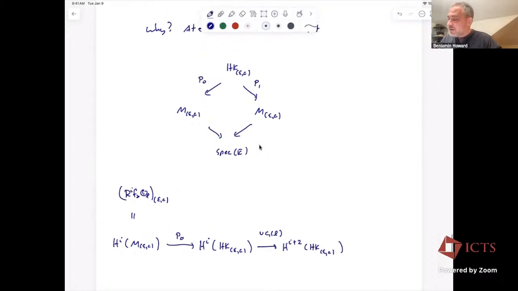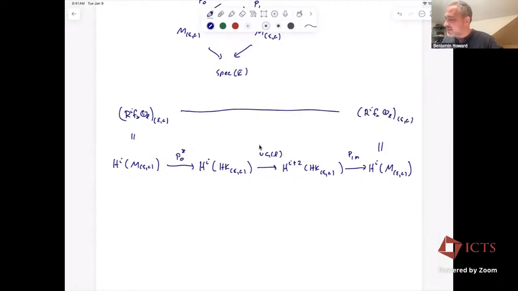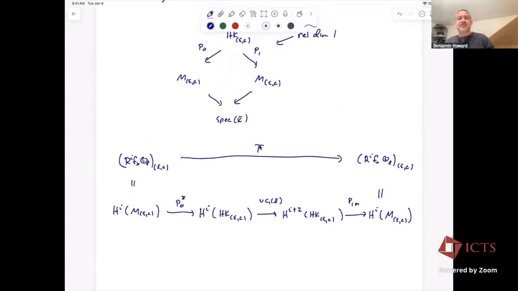And now, because this map P1 has relative dimension 1, if I push forward by P1, that shifts the cohomological degree down by 2. And so I end up in the right cohomological degree. And that's what this endomorphism T is on stalks, fiber by fiber.